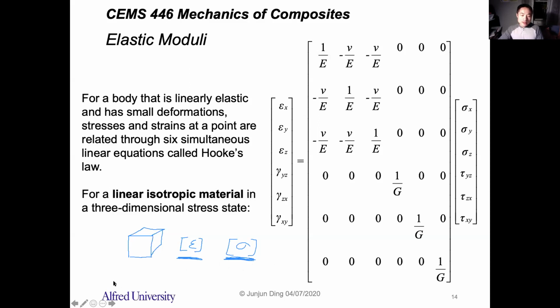So we know that stress and strain have a relation, right? Hooke's law. Stress can be easily calculated based on Young's modulus and strain, right? This is in the 1D domain, one dimensional. For the 3D domain, you also have a relation similar to this, right?